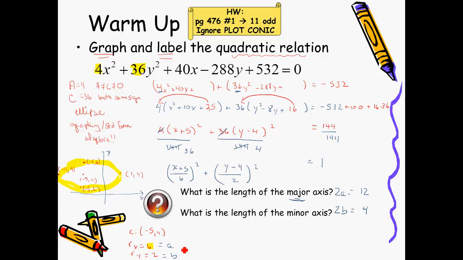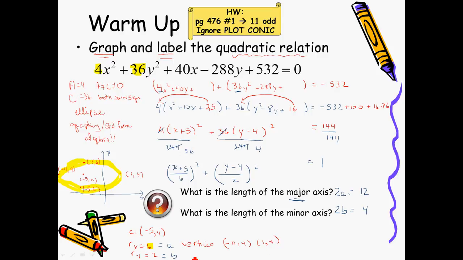At the ends of the major axis are my vertices. So if anybody asked you to list your vertices, they would be -11, 4, and 1, 4.